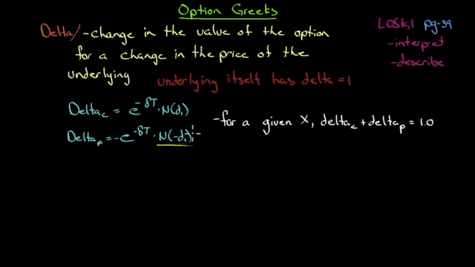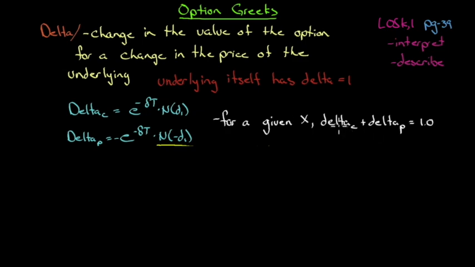A synthetic is, how can we put options together that exactly mirror the payoff of the underlying? In that case, we are equivalent to holding the underlying, but synthetically, not real, right? So for a given X, delta on the call plus delta on the put will equal 1. And we see that right here in the N(d1) and N(negative d1).